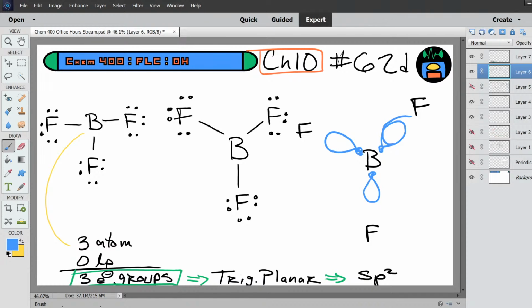And fluorine is going to overlap with boron to make a sigma bond, and it's going to do so with each of boron's sp2 hybrid orbitals.